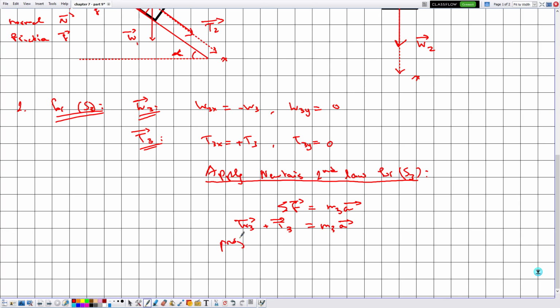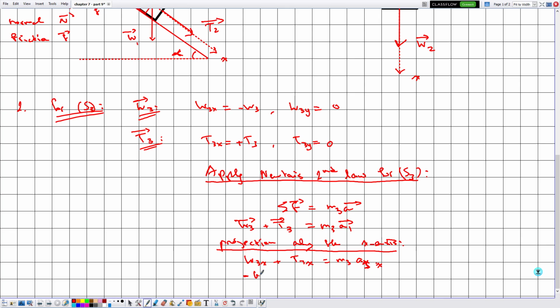Now projection along the axis of motion, the x-axis: W3x plus T3x is equal to M3A3x.